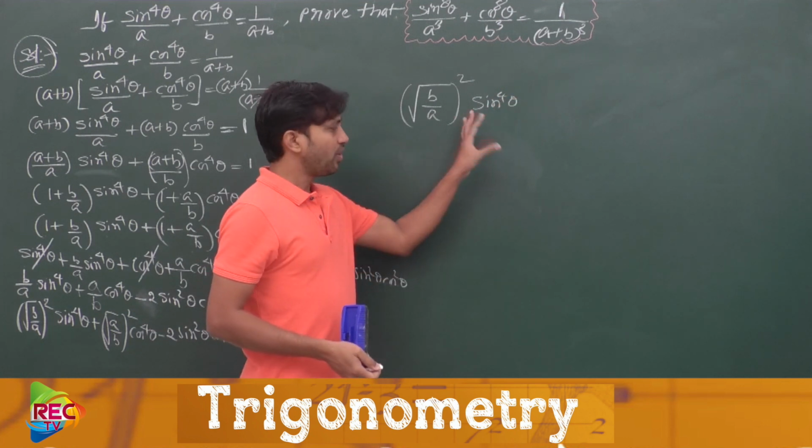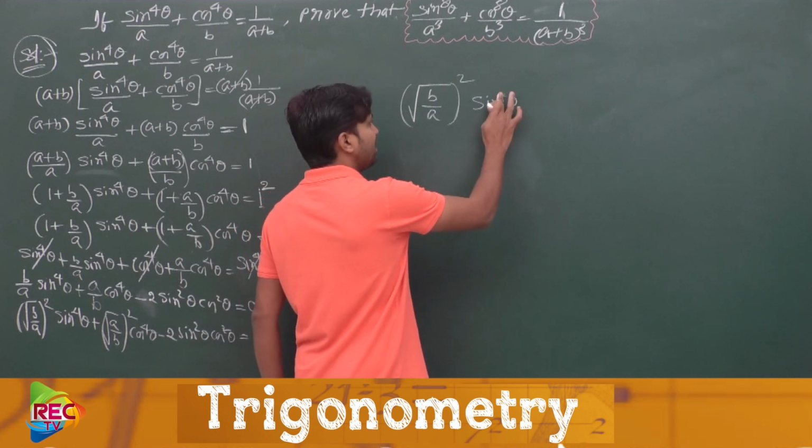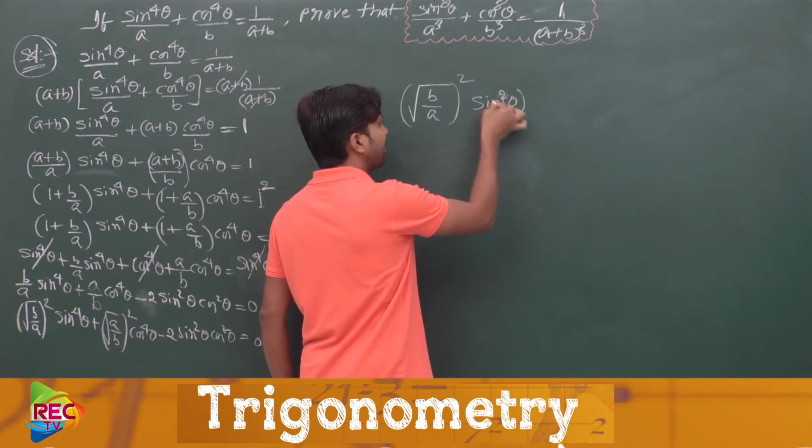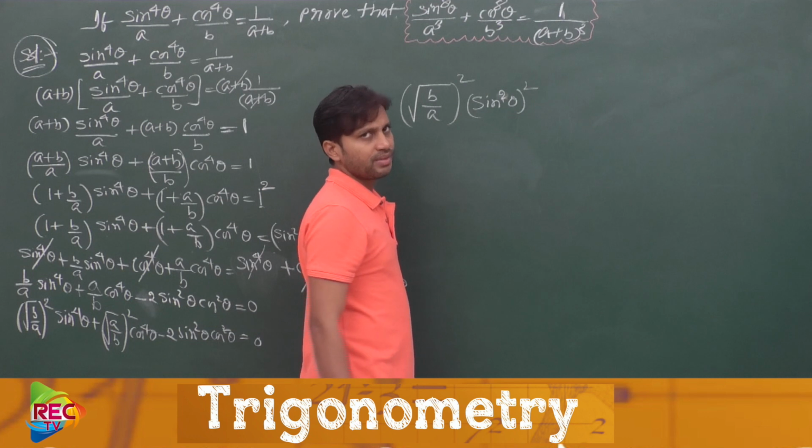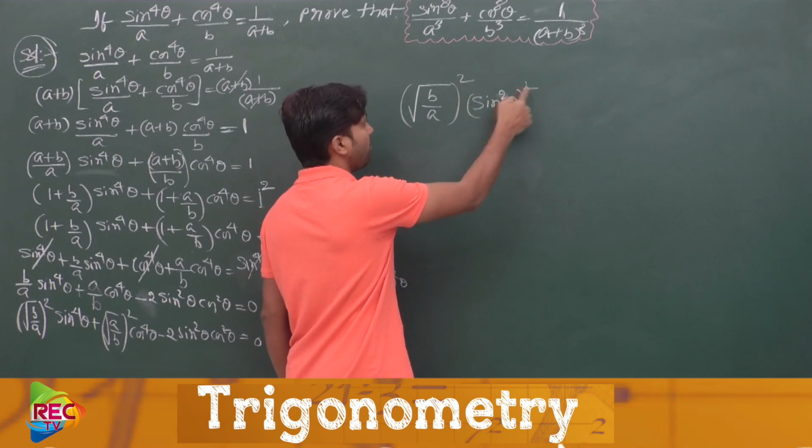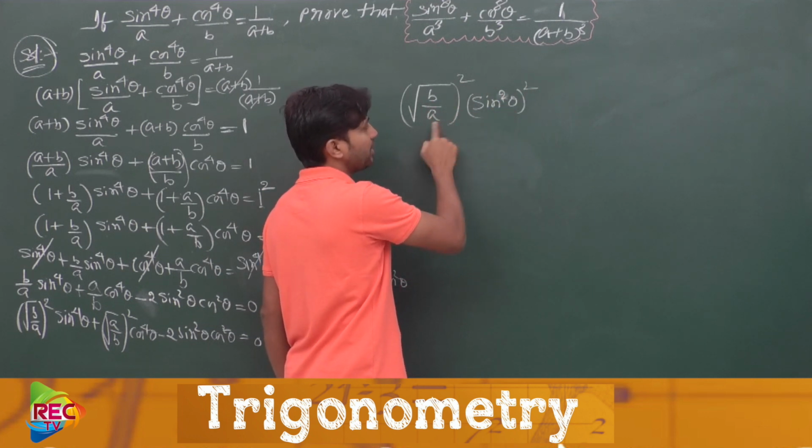How can we adjust this further? Sin⁴θ can again be written as (sin²θ) whole squared, or not? So here the square is common for both expressions.